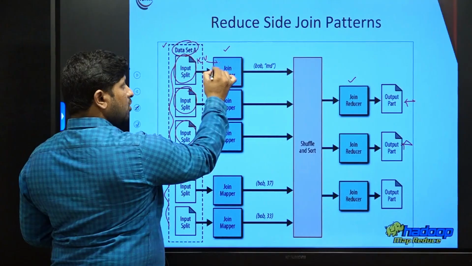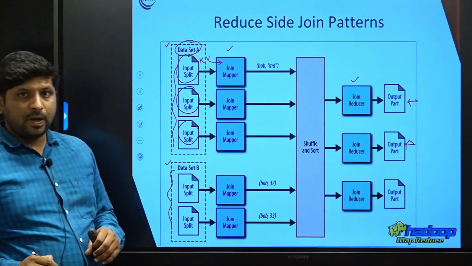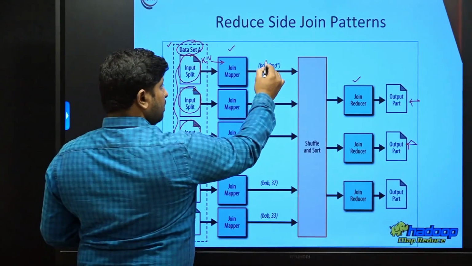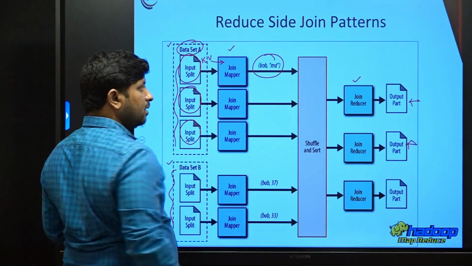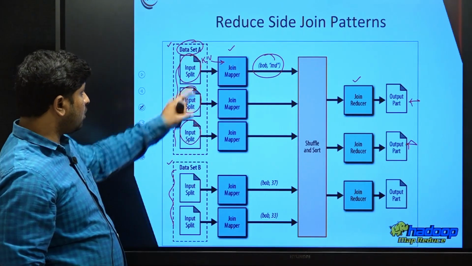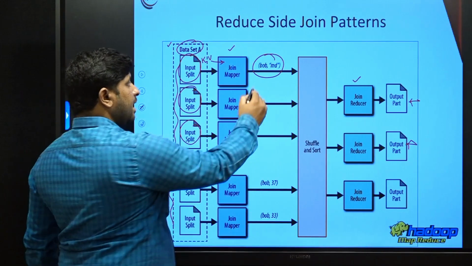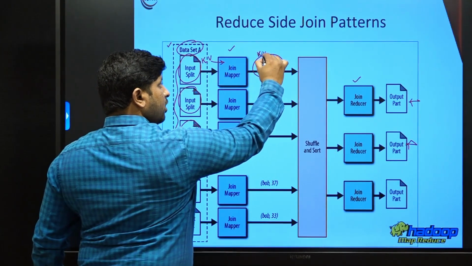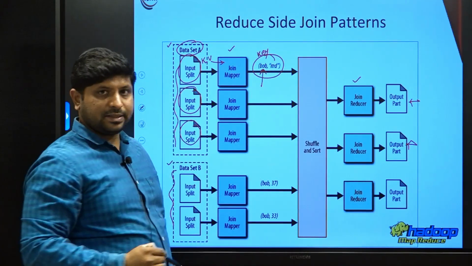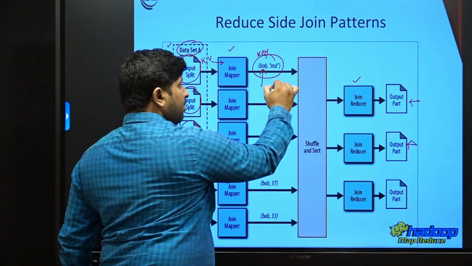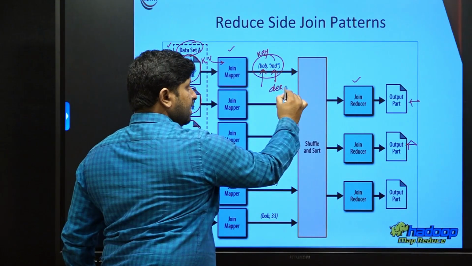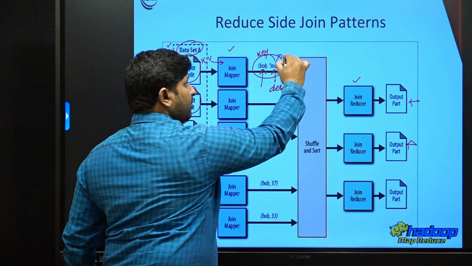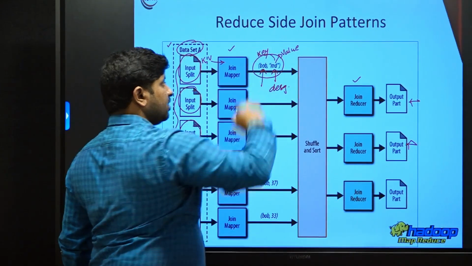Those key value pairs are sent to the mapper, on which it applies its logic. If you focus on the first data set, it has retrieved a user Bob. The key here is the name of the user, that is Bob, and MD is nothing but his designation, which is treated as the value from the first data set.